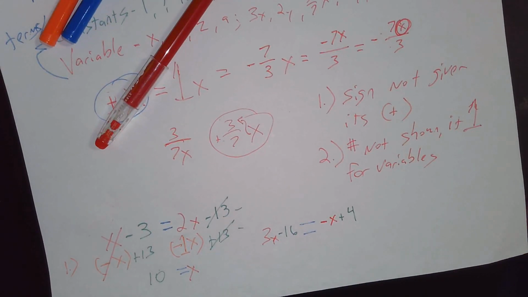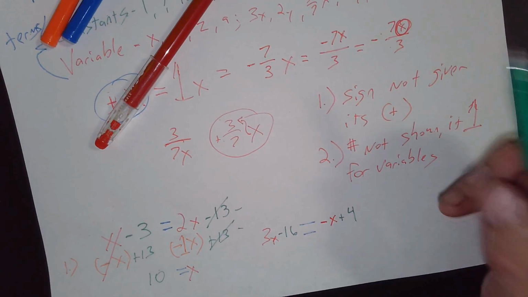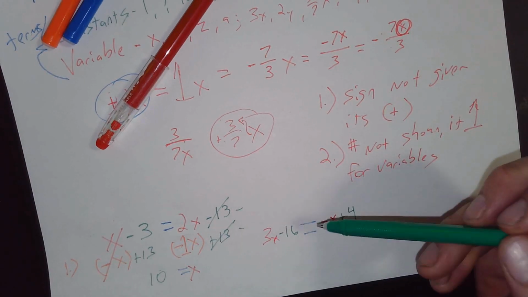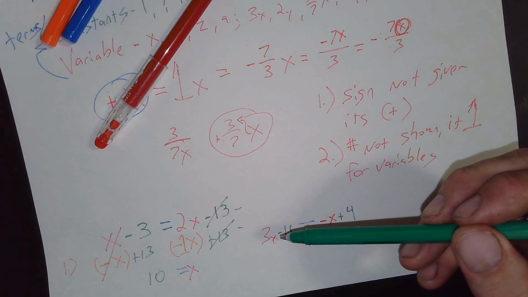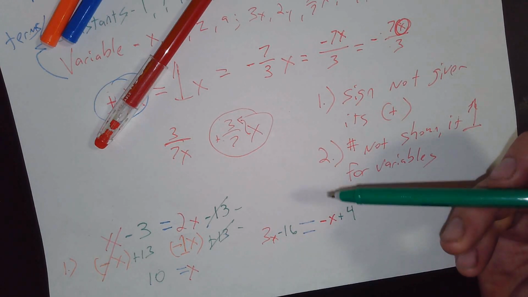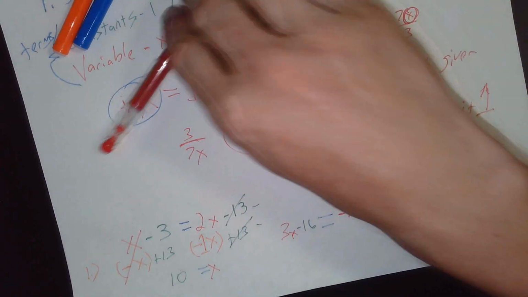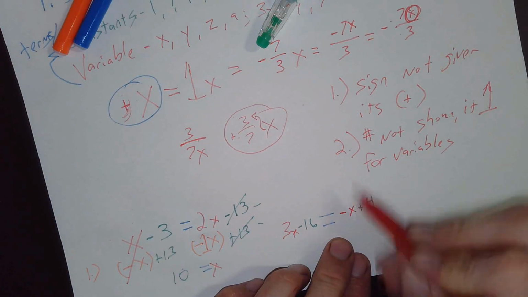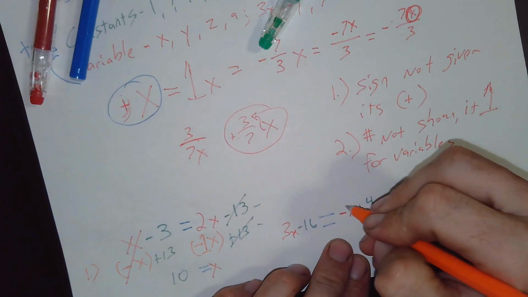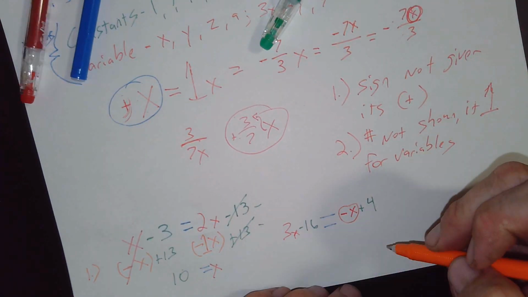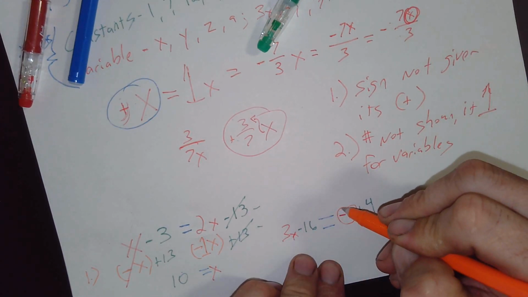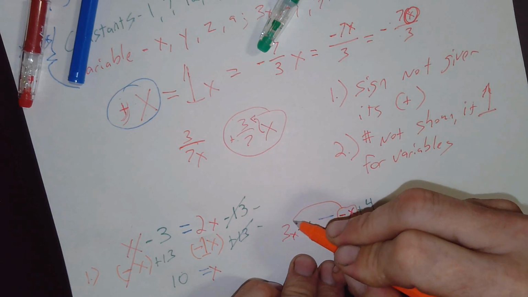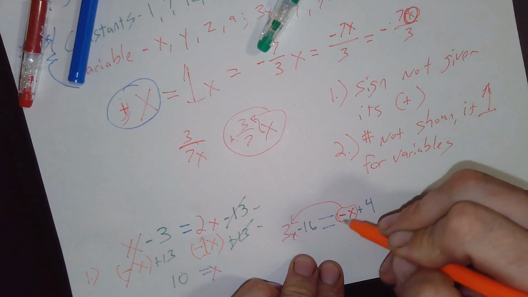Another way I can do this is I start off the same way, right? I always want to get my x on the side that has the bigger x. That makes it easier math. So I got to get this x gone and over here. To move this one over here, it's going to switch to the other side and switch sign.